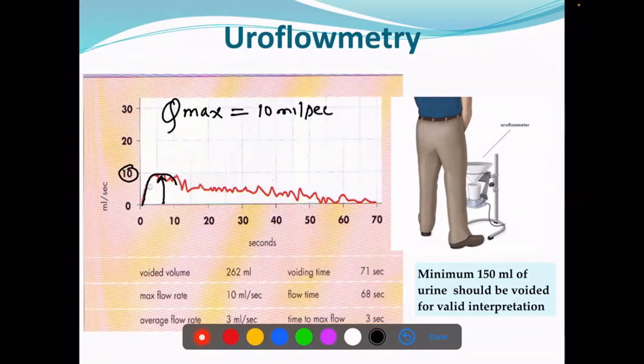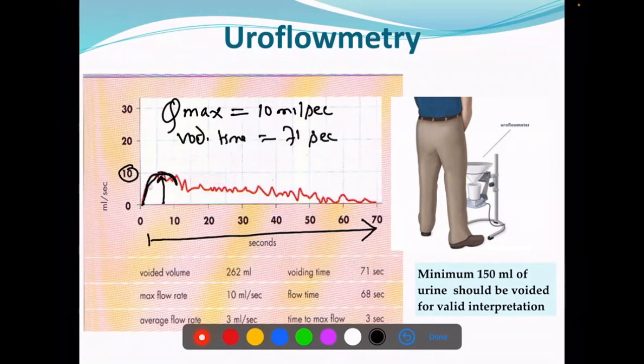And see the time of the flow. This patient took around 71 second voiding time. This patient has taken around 71 second to complete the voiding. So this is a prolonged voiding. So a patient has the flow rate is less, and patient is taking a lot of time to pass urine. This indicate obstruction. Okay.